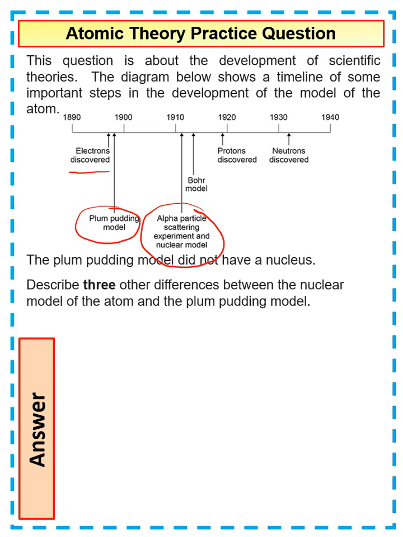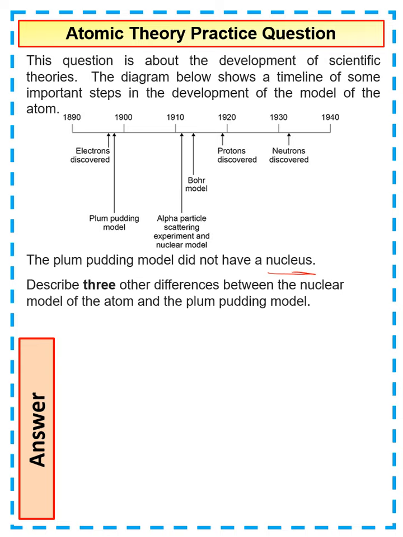Then we had Bohr's model of electron shells, followed by the discovery of protons, and then finally the discovery of neutrons, which explained some of the things that we didn't understand about the mass of the atom. So the plum pudding model did not have a nucleus.